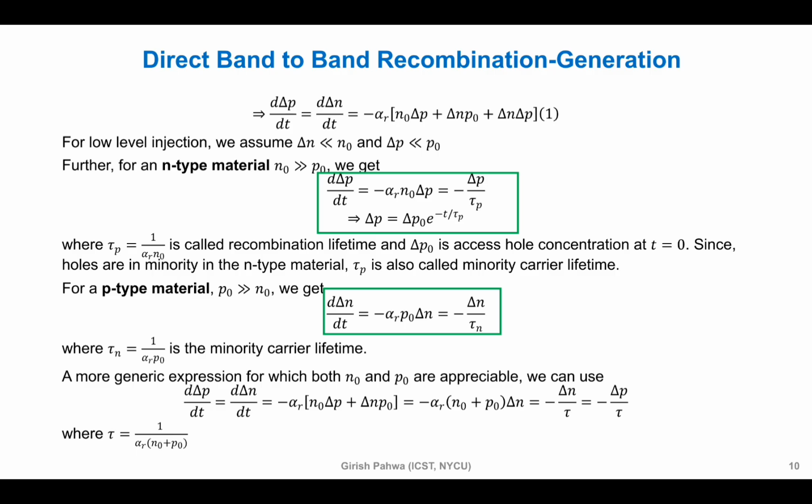Recombination will happen in a smaller time. On average, the minority carriers will not be able to live. If you have a very highly doped n-type semiconductor, and if I throw some minority carriers into it, they will disappear very quickly.